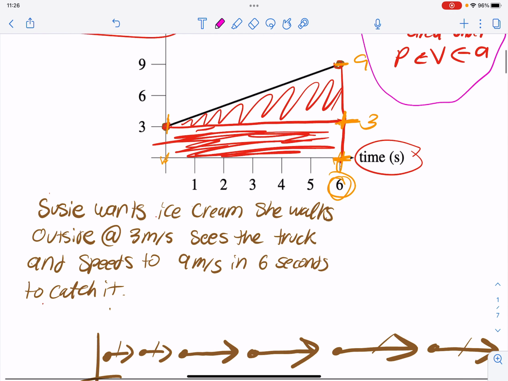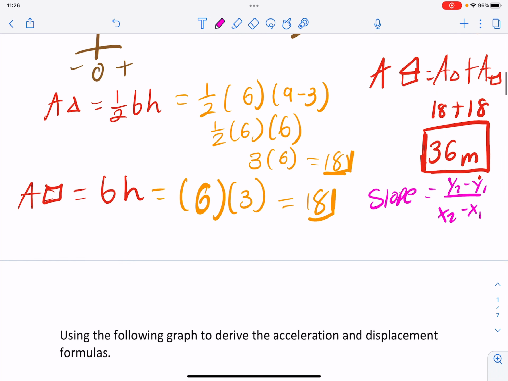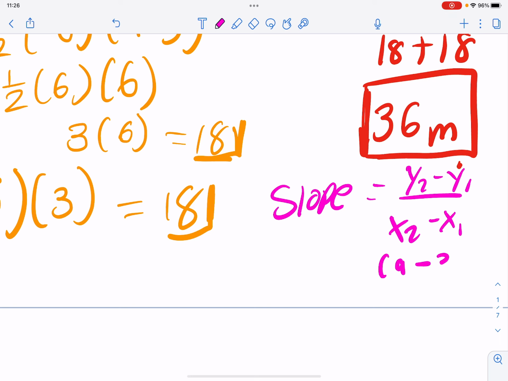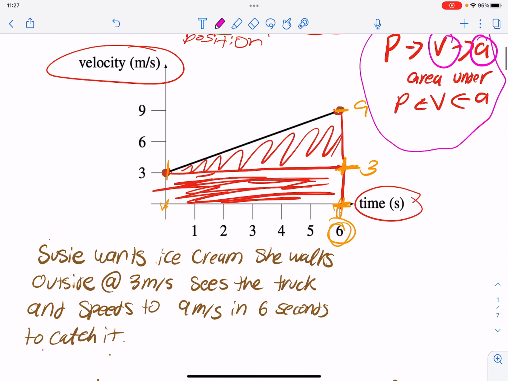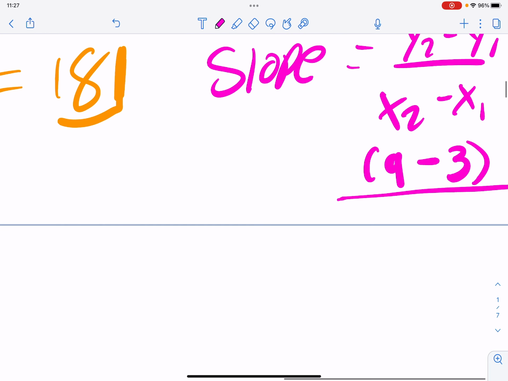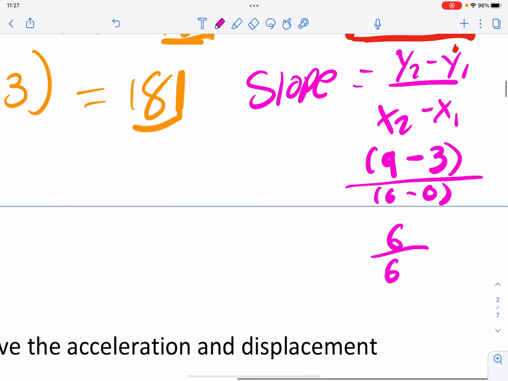So looking at our shape, our rise is from 3 to 9, right? So 9 minus 3 over, our time was 6, right? We can look at it again. 6 minus 0. So we're going to end up with 6 over 6. So that means that our slope is 1.